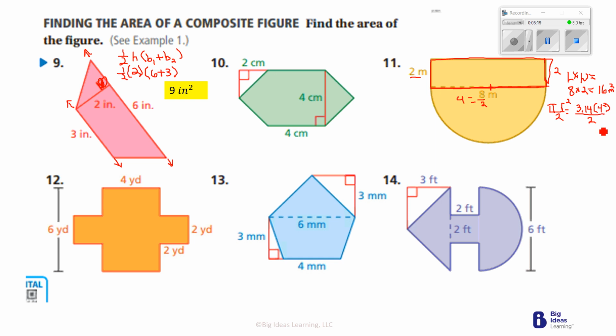I know 4 squared is 16. All right, we have to do parentheses first and exponents. So now we have 16 times 3.14 divided by 2. I know 16 divided by 2 is 8. So this is really 3.14 times 8. Okay, so let's work that. I got 3.14.